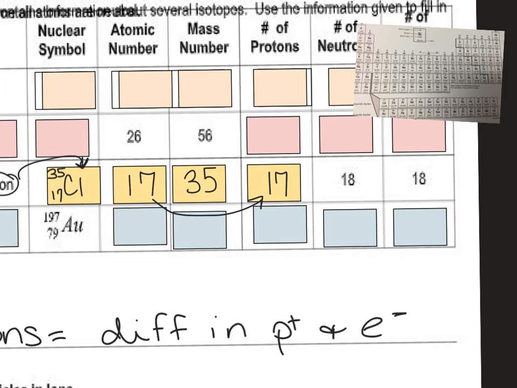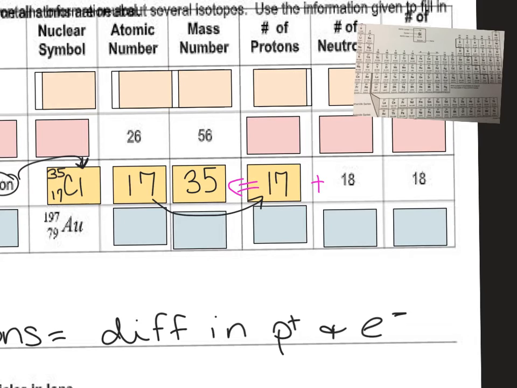Don't forget that you have the option to go the other direction in that little subtraction addition problem, okay? So you could also take your number of neutrons, 18, plus your number of protons, 17, and add them together to get that 35. So just know that you always have that option.